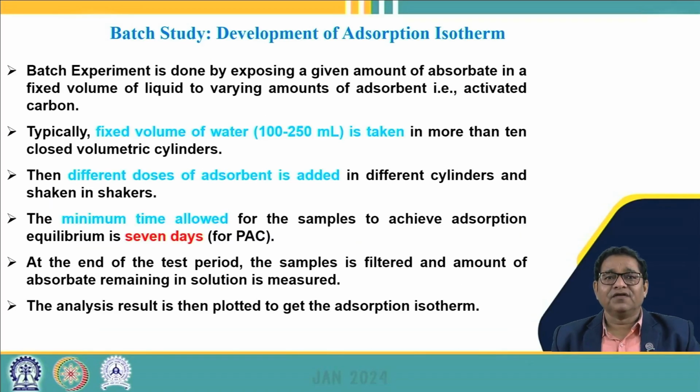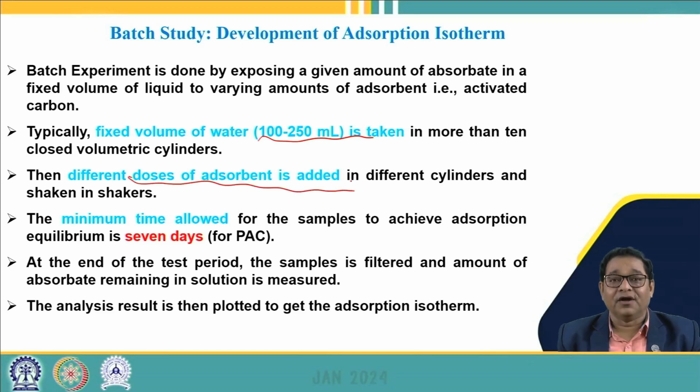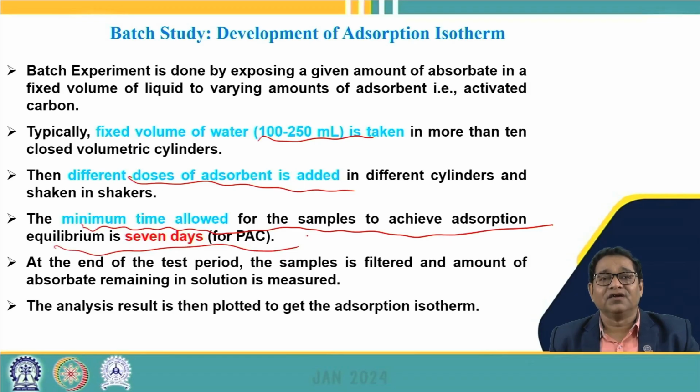So here, this is the procedure whatever I have explained. We have to take a definite amount of sample, say 100 to 250 ml, in each flask, and then add different doses of adsorbent into the different flasks, and it has to be mixed in a shaker. After equilibrium, or the minimum time allowed for samples to achieve equilibrium, which is normally 7 days for powdered activated carbon, however this varies with the type of adsorbent.